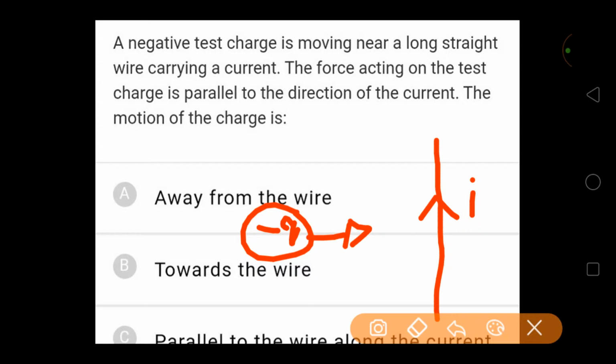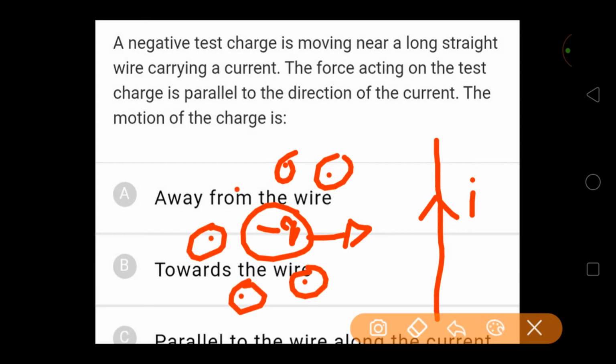By using the right hand thumb rule, point your thumb in the direction of current. Your fingers curl outwards. So here the magnetic field is outwards.